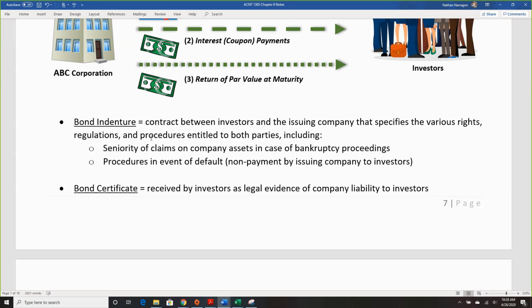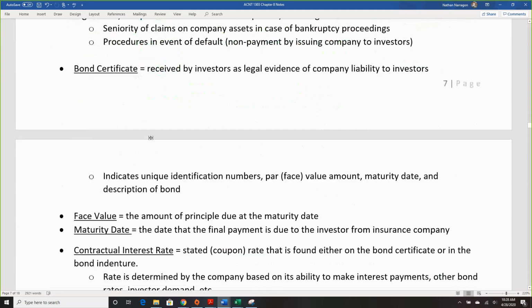Second thing that it likes to hit on is what happens when the corporation basically defaults. Doesn't pay the interest or the maturity at end date. So, they'll go through all those and whatnot, just a basic contract. The certificate is just a nice fancy piece of paper.